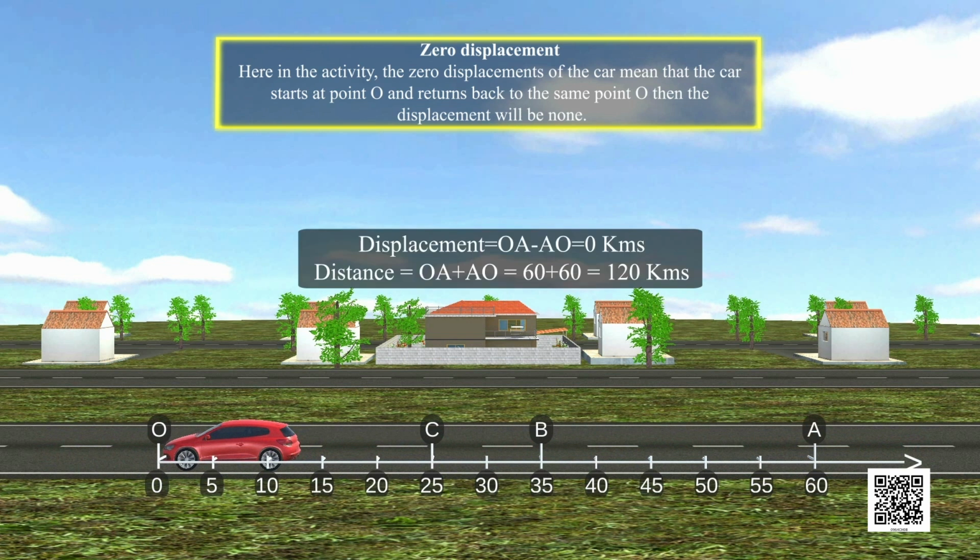That is, OA minus AO equals 0 kilometers. But at the same time, the distance will be equal to OA plus AO equals 60 plus 60 equals 120 kilometers.